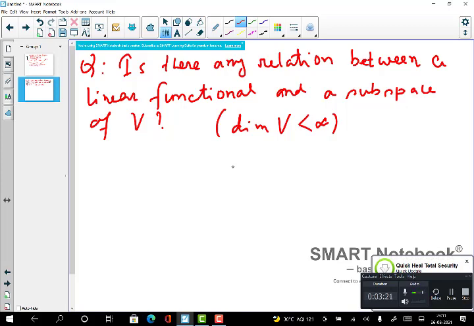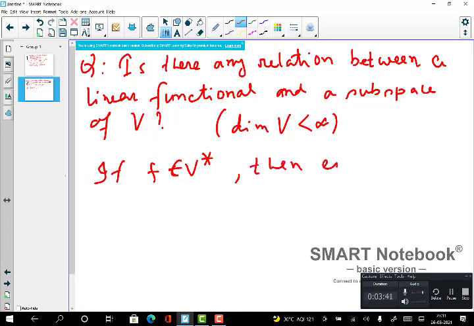For example, if you start with a linear functional, so if you have f belongs to V star, that means a linear functional on V, then there are two options, right? What type of options are there?